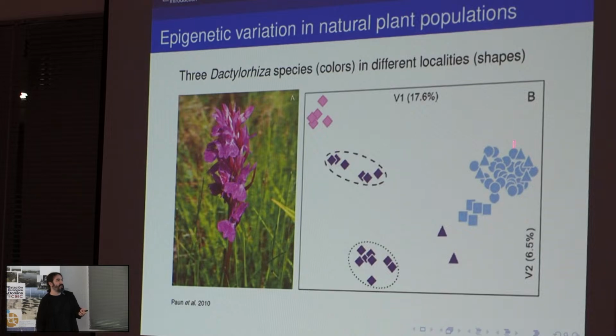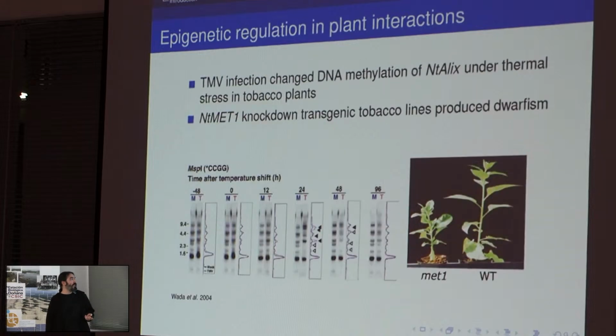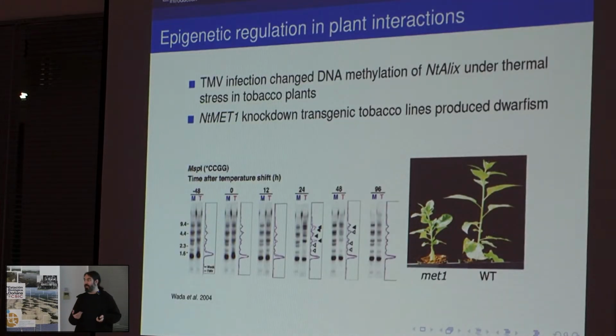We can see that some species in different localities have almost no epigenetic structure. This is DNA methylation divergence. However, some species, even in the same population, have quite a lot of epigenetic divergence. This is interesting because in wild populations we are not very aware of how common or uncommon this is. In addition, DNA methylation can also be responsive to plant interactions, like for example stress.